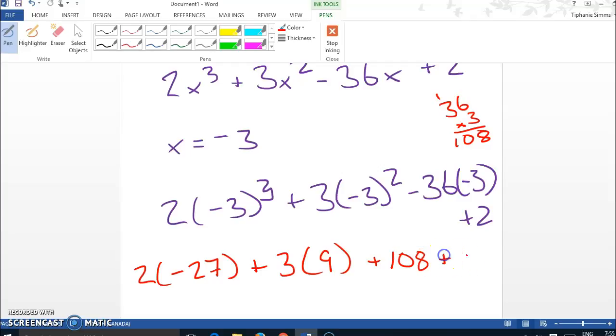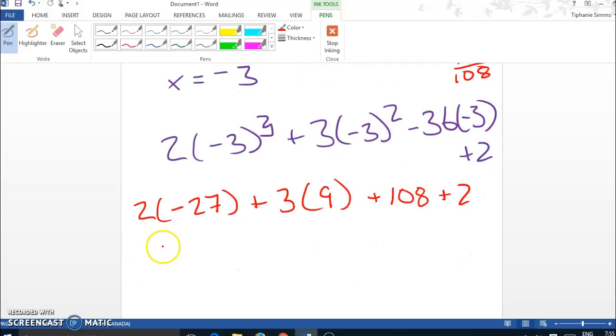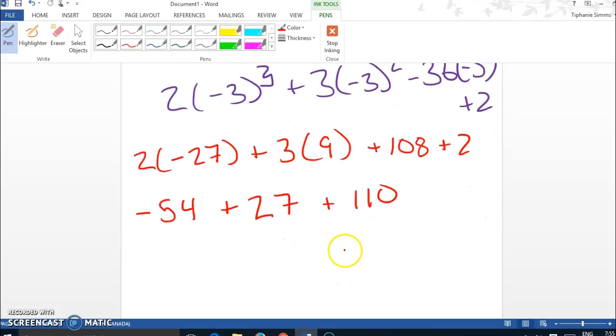Positive 108 plus 2. Let's keep going. 2 times -27, that's going to be -54. Plus 3 times 9, that's going to be 27. Plus 110, just adding the other two right there.